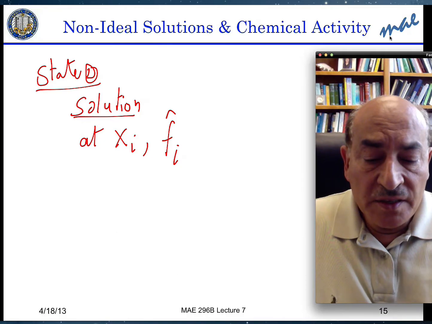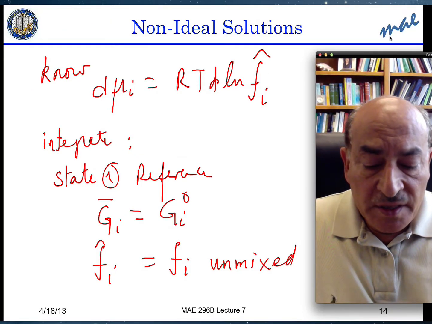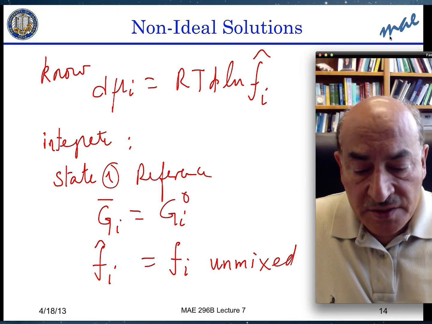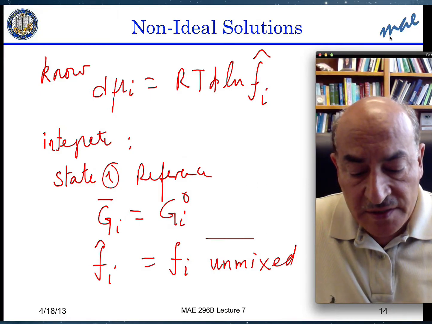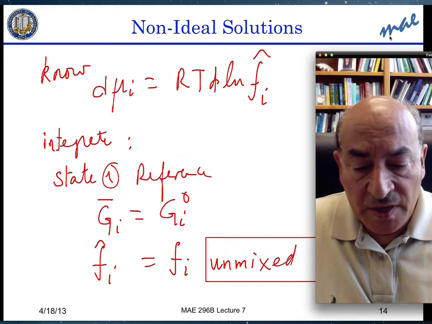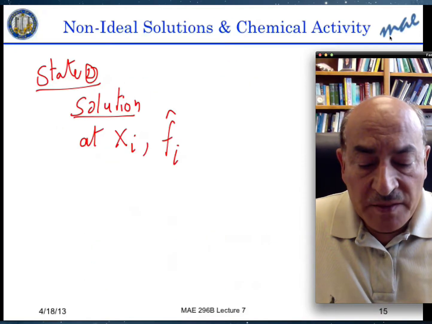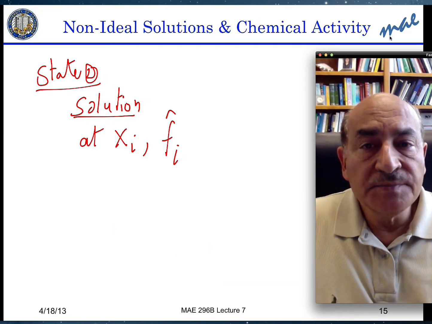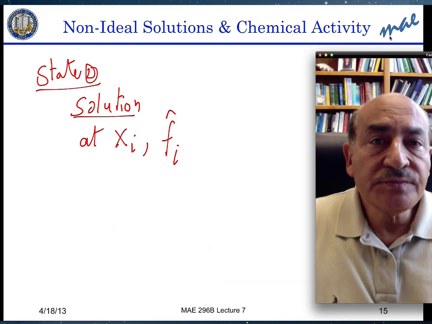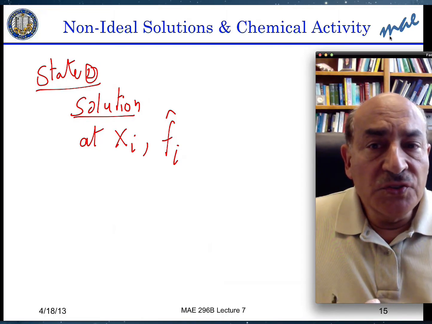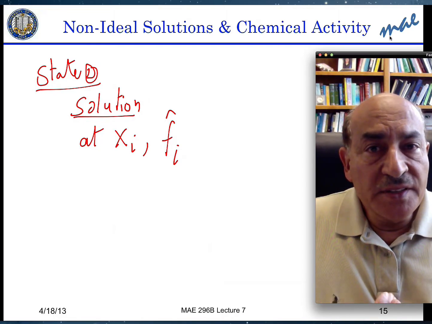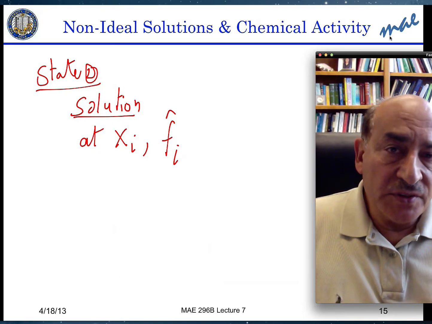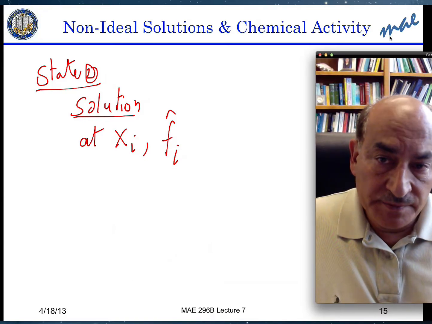So if I look at state 1, it is the reference state, and it is unmixed. So I'm going to mark this as unmixed because this is the important part. And then we introduce state 2 is mixed and in solution. And then in the integration, we want to integrate for the ideal system first, and then for the real system, and then take the difference.